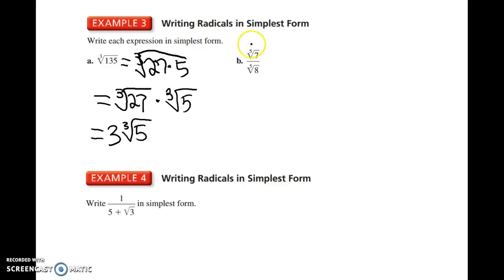And then for part B, we're going to do the same kind of thing. I can't simplify the fifth root of 7 or the fifth root of 8, but I can multiply both of these roots by the fifth root of 4.